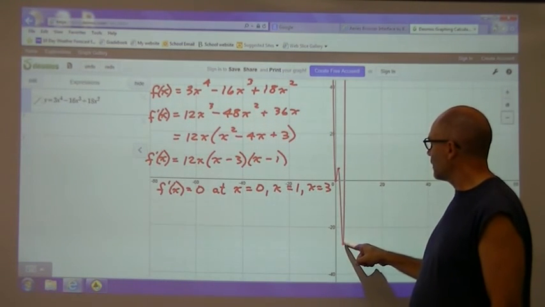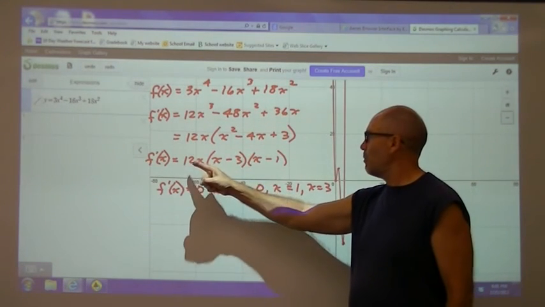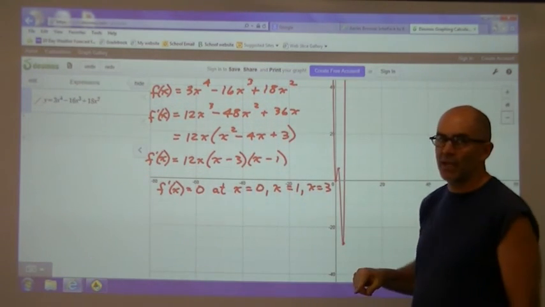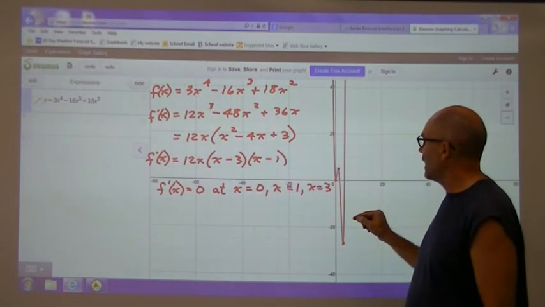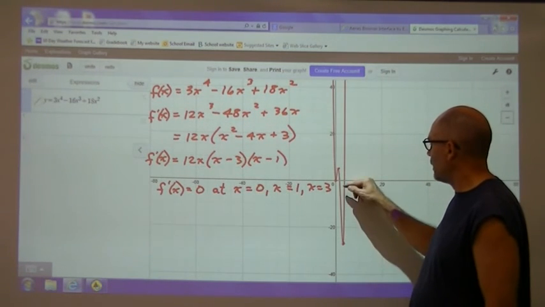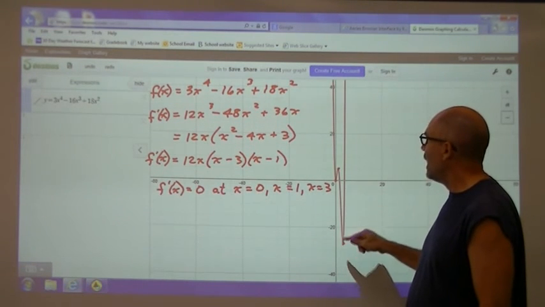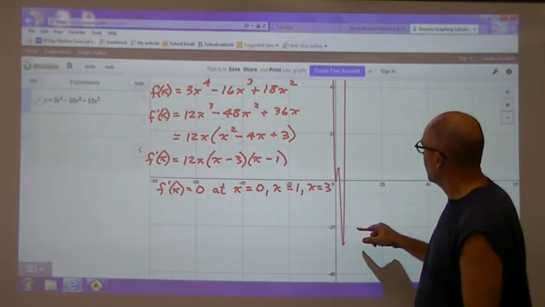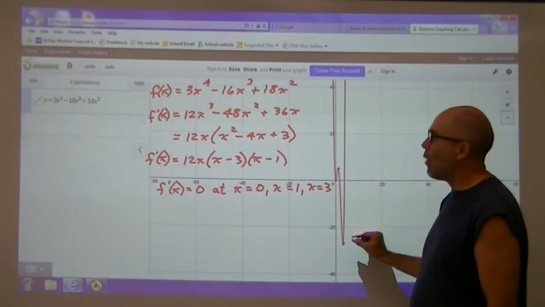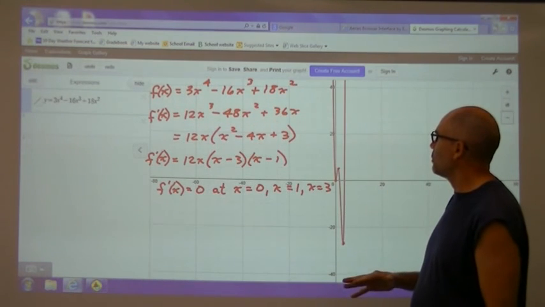Now, the third point, x equals 3. I go slightly short of 3, and I get positive, negative, positive. That makes a negative slope slightly to the left of 3. And then slightly to the right of 3, it's going to be positive, positive, positive, and that gives me a positive slope. I went from negative slope to positive slope, which means a relative min in between them. Now, if I plug x equals 3 into my original function, my y value will be the least of any other y value that I could ever plug in.